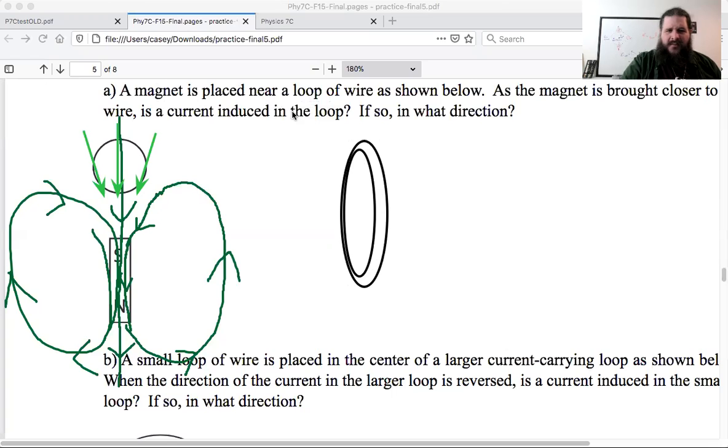The surface we're talking about is, again, if you just imagine dipping this in bubble soap, the loop of wire encloses this invisible surface. We're talking about a vector that is perpendicular to that surface. So our normal line is just a vector perpendicular to the surface, either to the left or to the right.